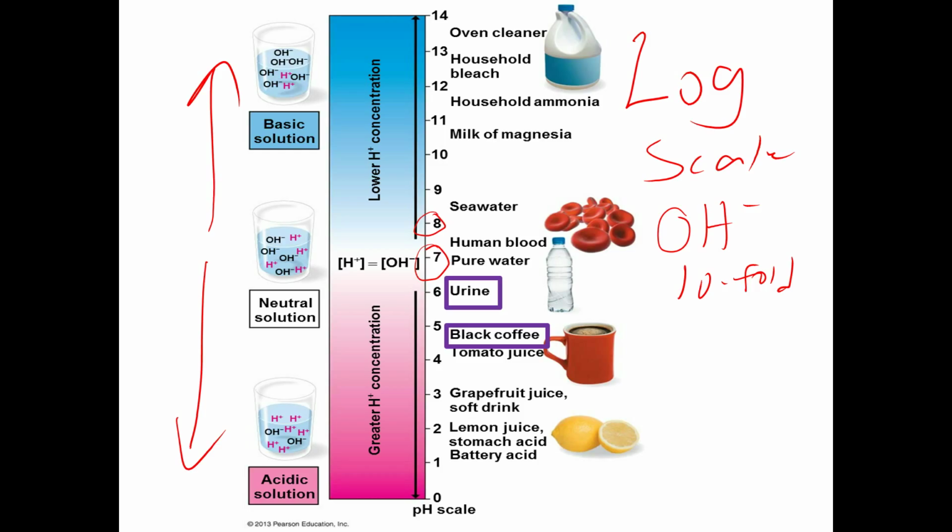But the difference in the pH of the two solutions is, again, tenfold. Black coffee has a tenfold higher amount of protons than urine.